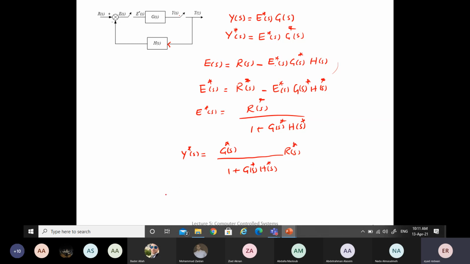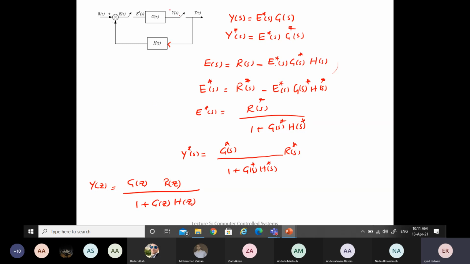That gives you the Z transform as Y of Z equals G of Z times R of Z. Notice I can separate the input from the block G, and here as well G and H are separated: G of Z, H of Z.